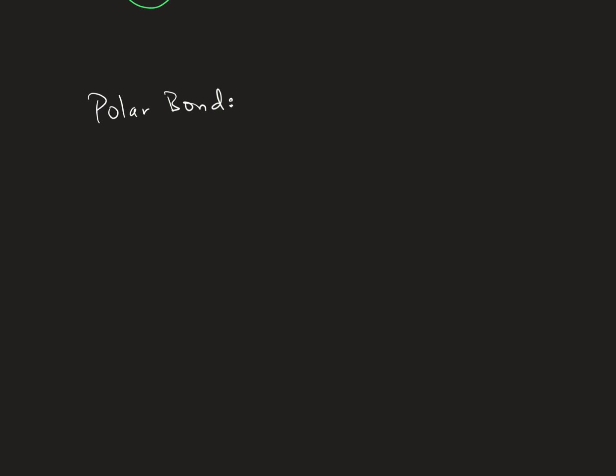What happens to the valence electrons in a covalent bond? They share, right? So a polar bond is a covalent bond where electrons are shared unequally.